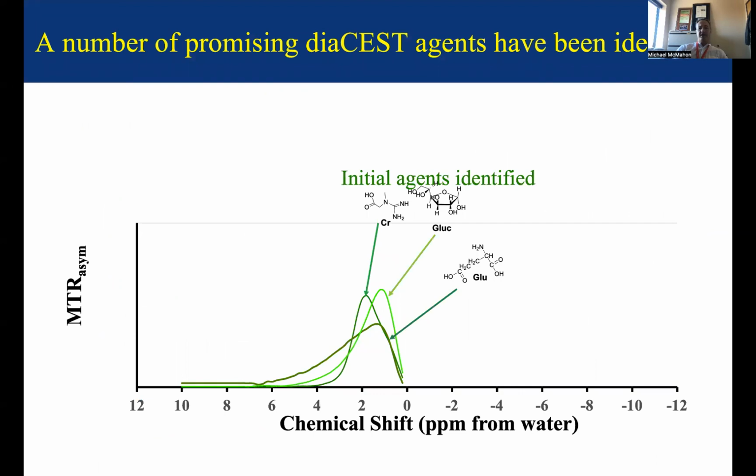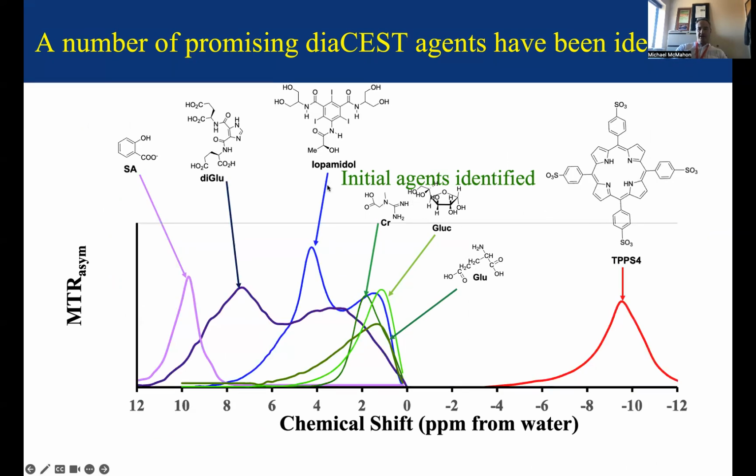And so now we've identified a number of diaCEST agents beyond the initial glutamate, glucose, and creatine. We have the iopamidol version, which the group in Turin has described quite extensively, the imidazoles, the salicylates, and these porphyrins. And so you can see that the chemical shifts span all the way out from -10 ppm to +12 ppm.